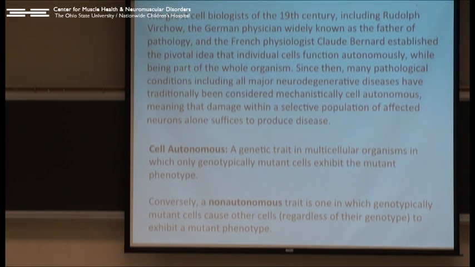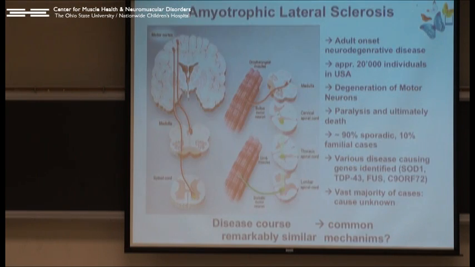It was not necessarily immediately embraced by the community, but I hope to show you in this lecture, although I do not have time to cover all of the studies, how ALS is truly a non-cell autonomous disorder.